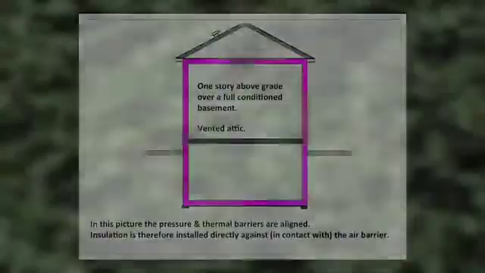So this is a common question that folks ask. The basement floor. My question to you is, how do you make the basement floor not a pressure barrier? Just by virtue of the fact that there's a floor here on your basement, doesn't that stop air if you've got concrete on the floor?